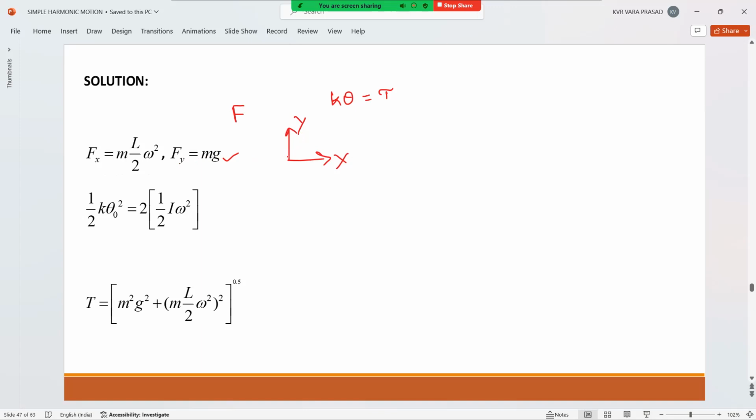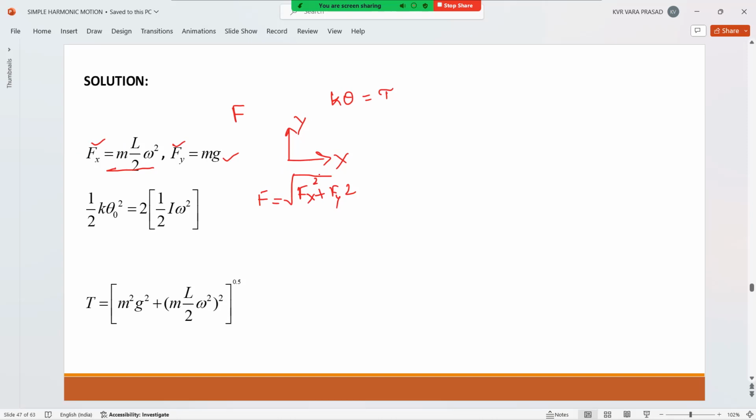The x component of the rod's tension provides the centripetal force because the balls are following a circular path, right? So centripetal force is equal to m into R, equal to L by 2, omega square. Okay. So we got the value of Fy. We require Fx. If Fx is known, then the rod's tension is given as F equal to square root of Fx square plus Fy square.